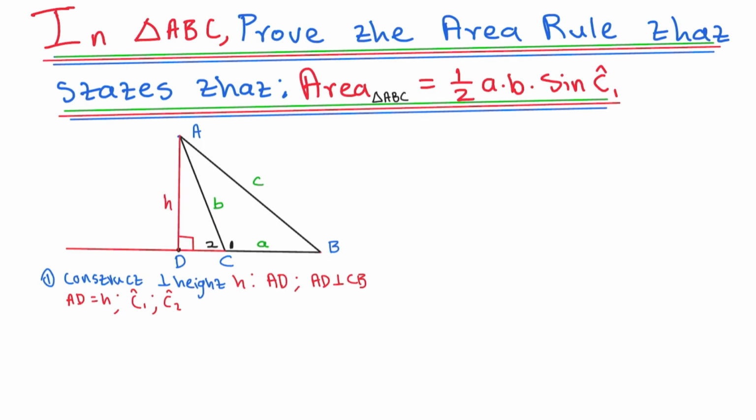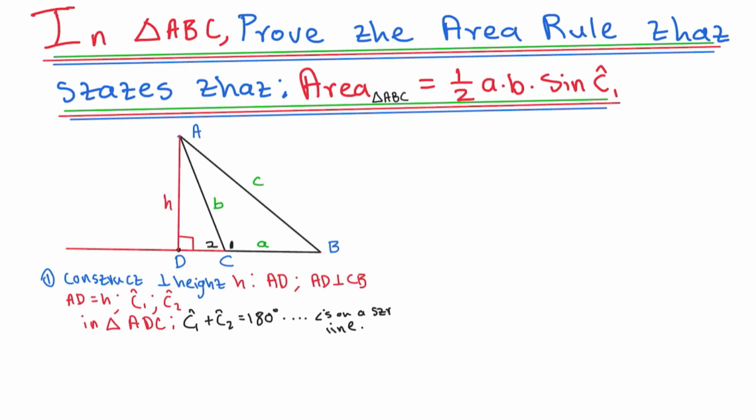The first step is to say in triangle ADC, C1 plus C2 gives me 180 degrees, and my reason is angles on a straight line.